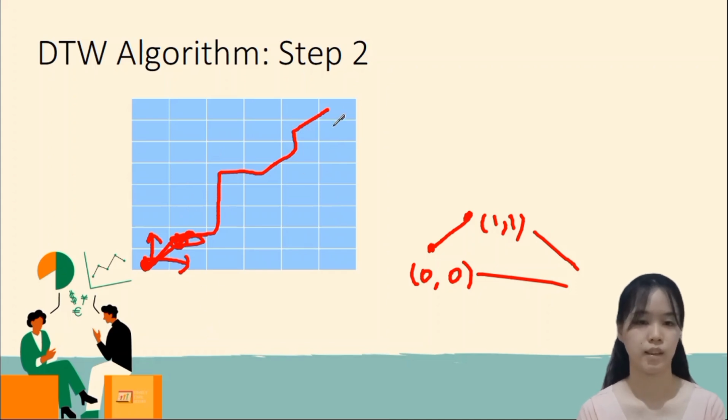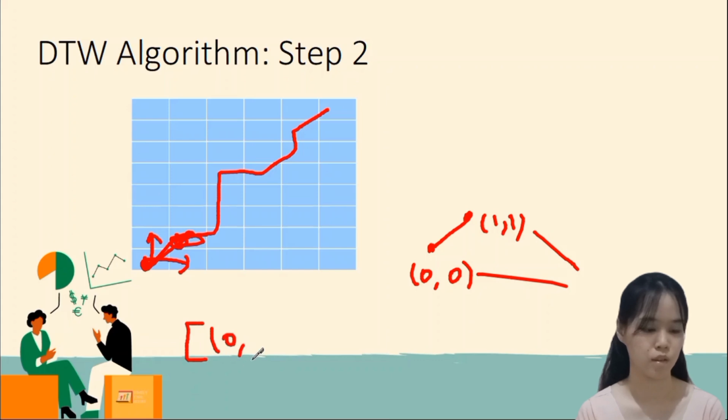Visually, the path looks like this, the red line here, but if we do it with a program, then we would get a list of coordinates. It's more precise to call this the warping path. So the warping path would look like this: 0,0, and then 1,1, and so on.